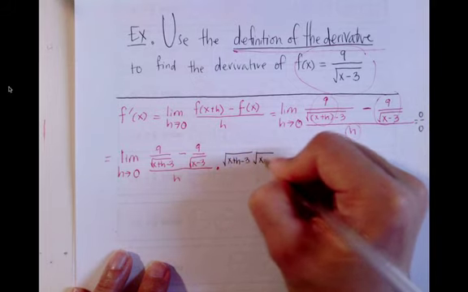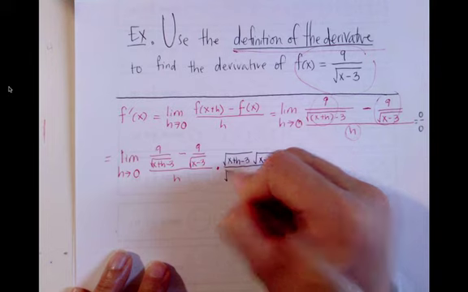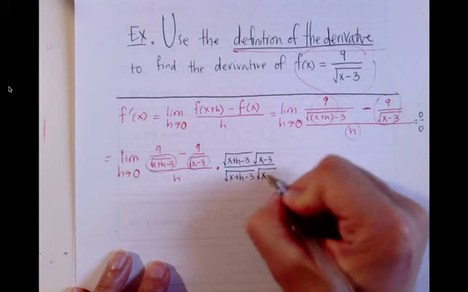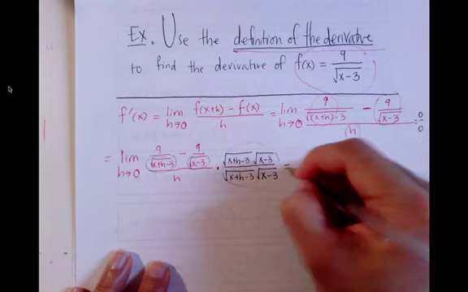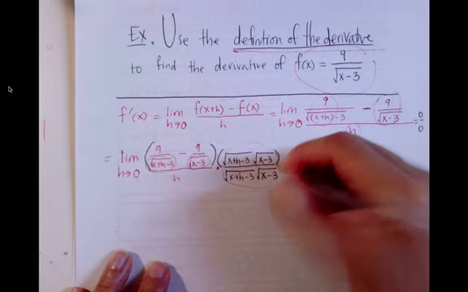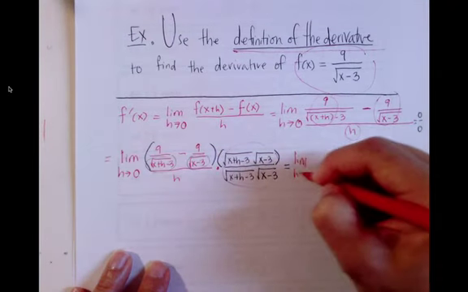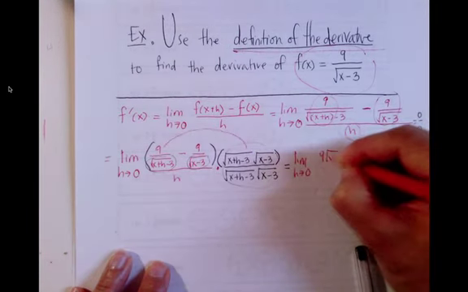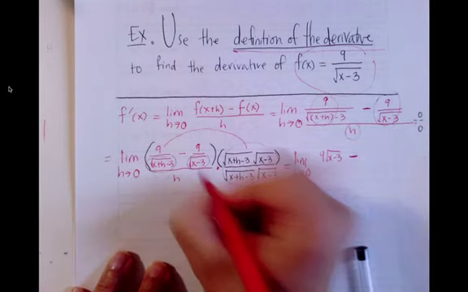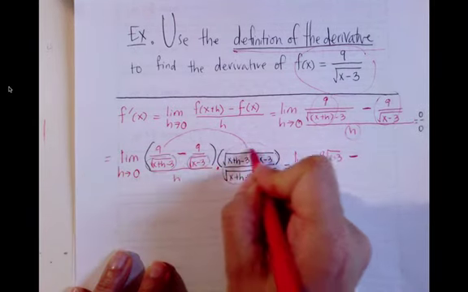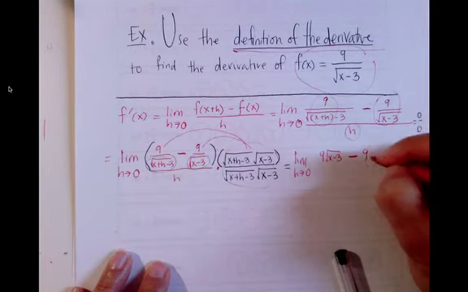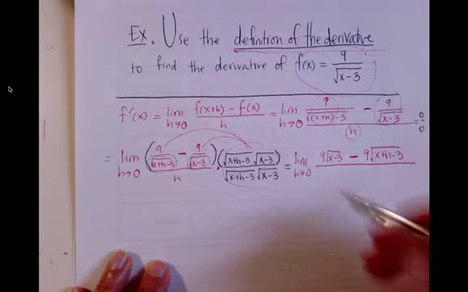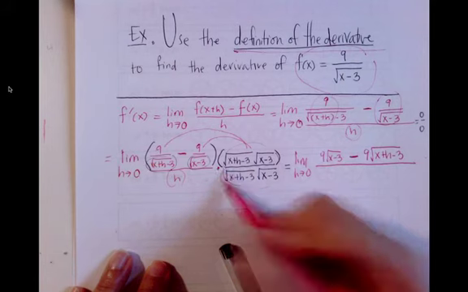I'm going to multiply by the LCD of the denominators divided by itself, so this is just equal to 1. So that takes care of the numerator, and in the denominator I have this times this.